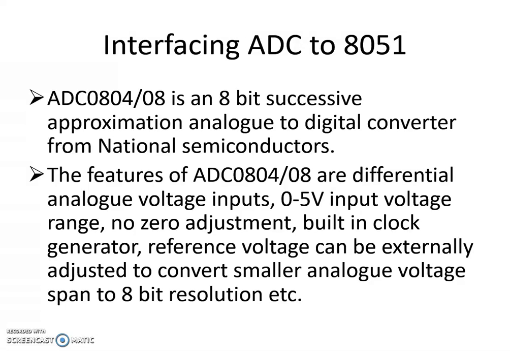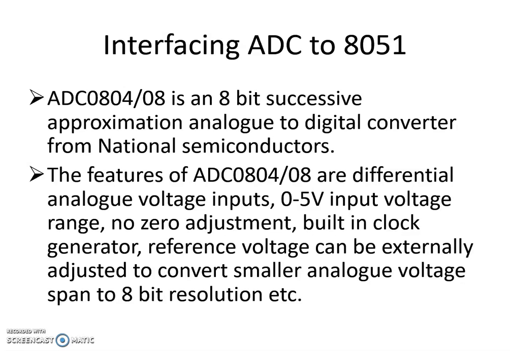So the value from 0 to max is going to be represented by 8 bits. The features of the 0808 are differential analog voltage input. The max voltage conversion it can do is 0 to 5 volt input voltage range with no zero adjustment, built-in clock generator.